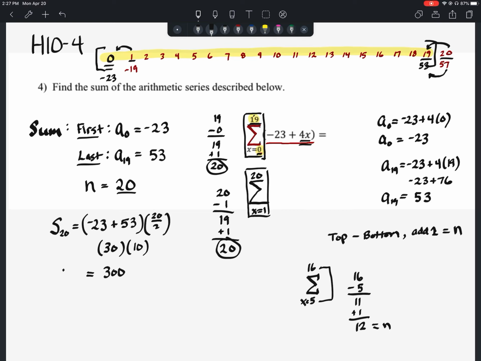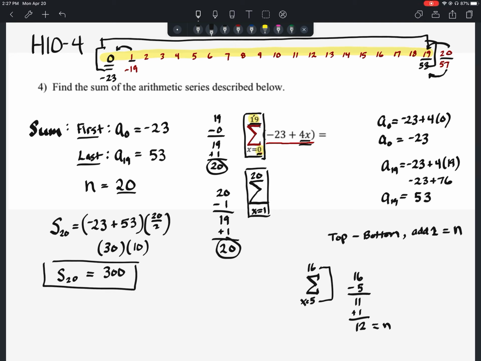So the sum of those 20 values from the 0th term all the way up to the 19th term is 300. If you have additional questions about that, please let me know. We'll talk more about the values here as we get deeper into the chapter.